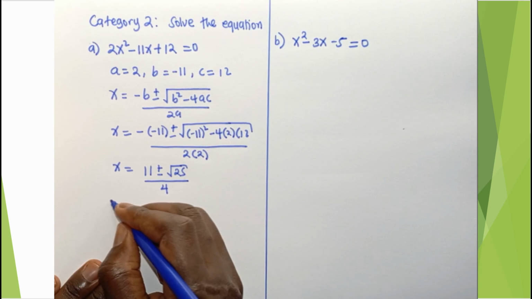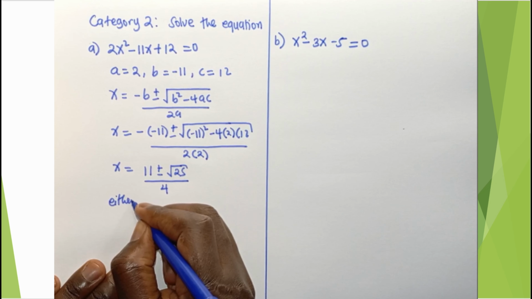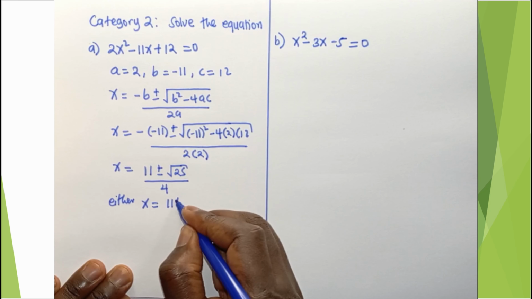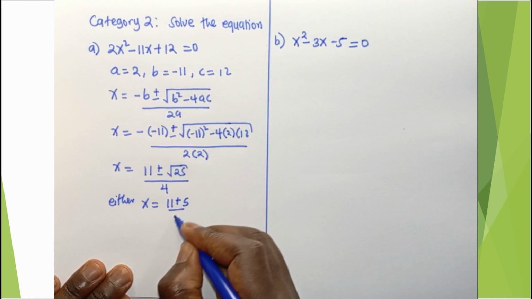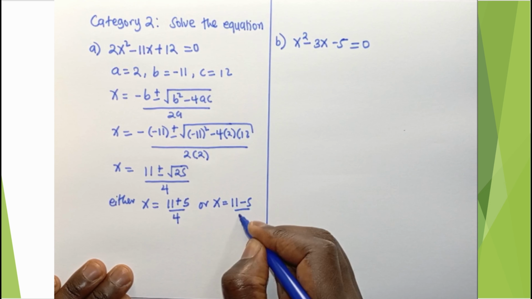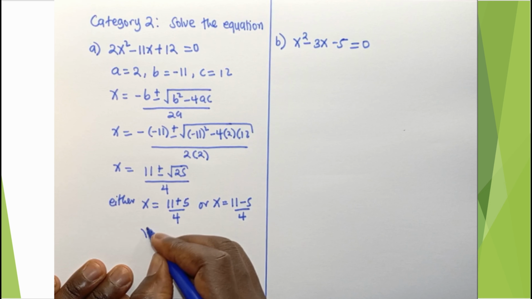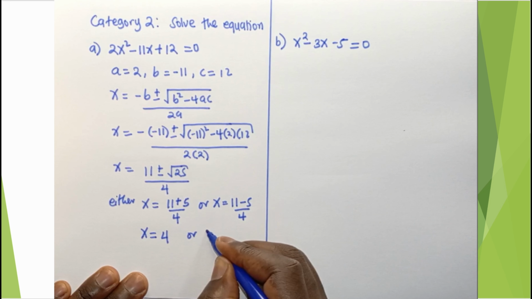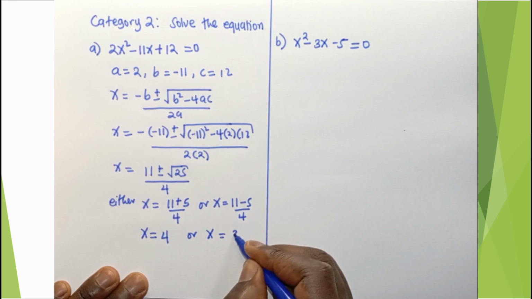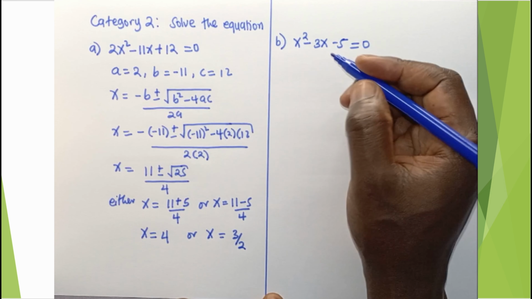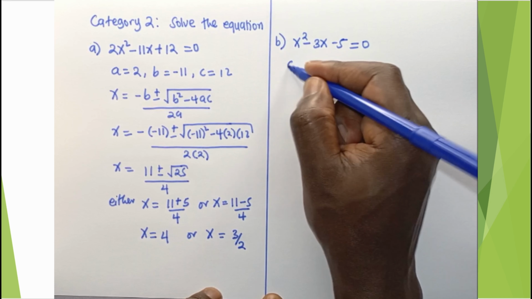So therefore, either x is equal to 11 plus 5 over 4, where root of 25 is 5, or x is equal to 11 minus 5 over 4. So either x is equal to 4 or x is equal to 3 over 2. Don't forget that the 5 we are getting from root of 25, which gives us 5.